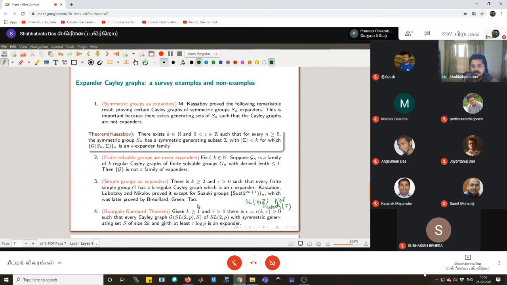And I mentioned the n equal to 2 case, where in SL_2(Z) there was a difficulty because those groups do not have property T, but there was something else called Selberg's 3/16 theorem.